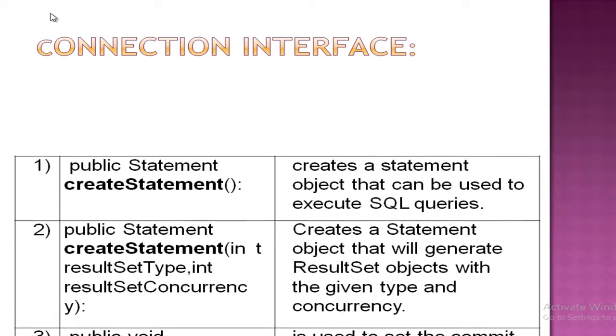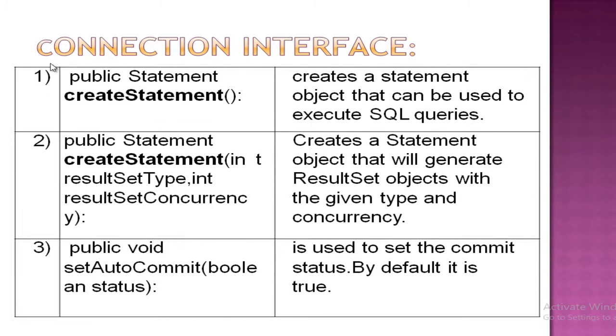See, this is the connection interface. Public statement createStatement. So createStatement creates an object that can be used to execute the query. Whatever SQL query you are going to write over here, that will be executed, right?